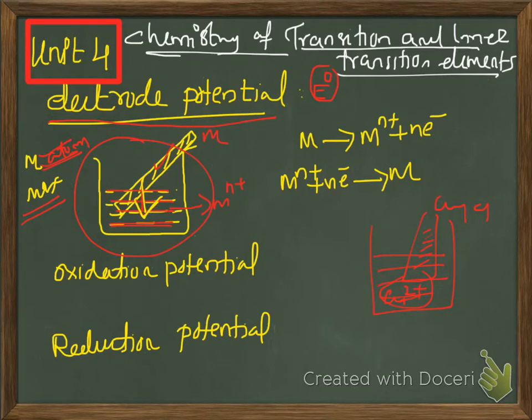The equation can be written like this: M gives Mn+ plus n electrons. During this oxidation process, n electrons are released which remain on the electrode, and only the ion enters the solution.